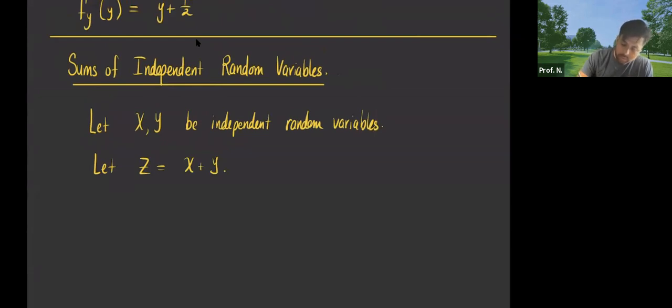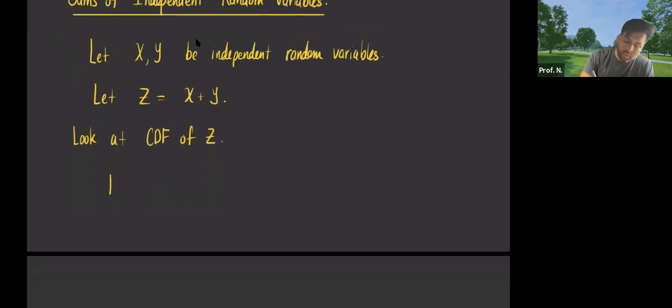So let's look at the CDF of Z. What's the CDF again? The CDF of Z is equal to the probability that Z is less than some value z. This is purely the definition.